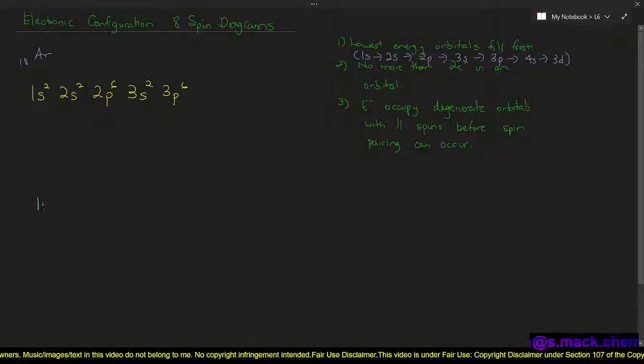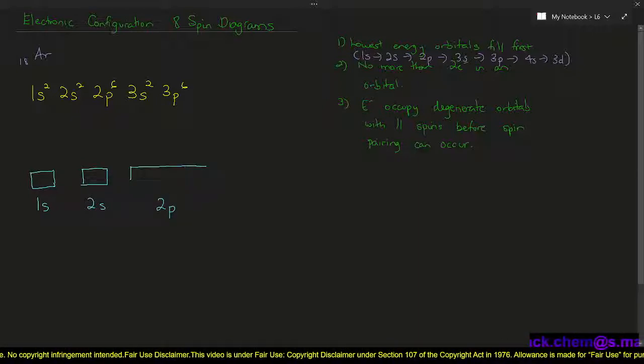So I have my 1s, 2s, 2p. I'm going to draw as 3 boxes together. Remember, the orbitals in a 2p subshell are degenerate or equal in energy.